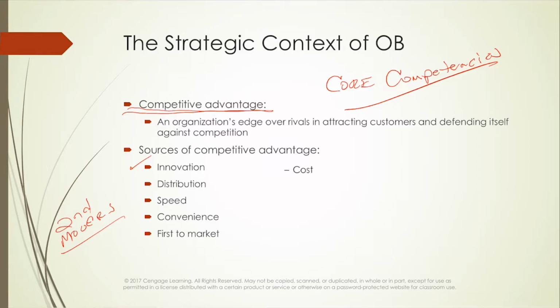So another competitive advantage is cost. Keeping your costs down. If you're efficient in your effectiveness, then you can produce at the lowest cost and you can undersell your competitor.